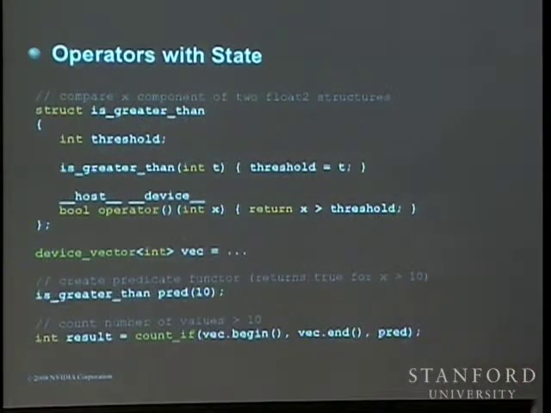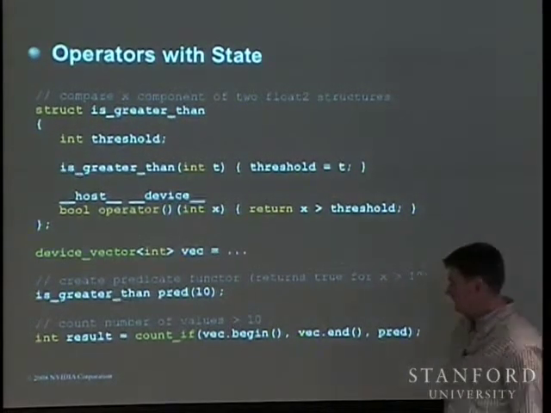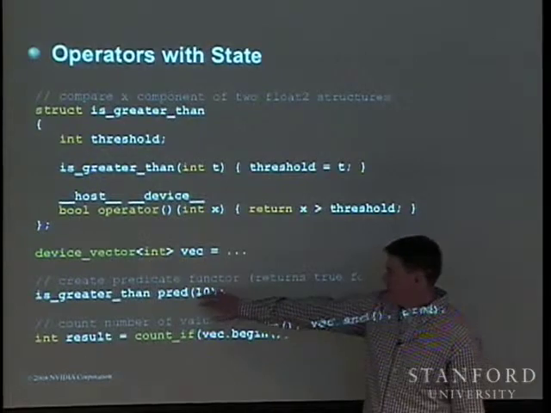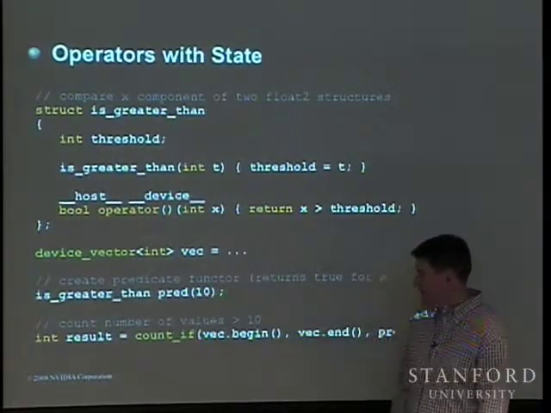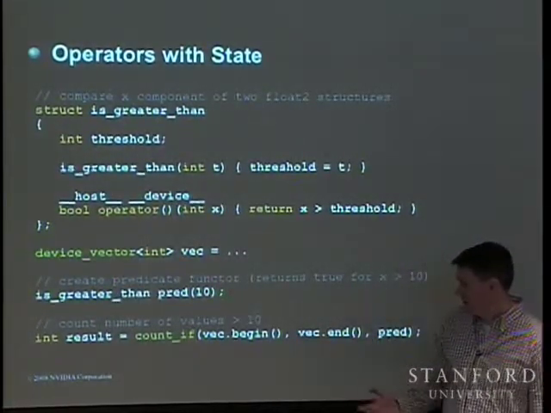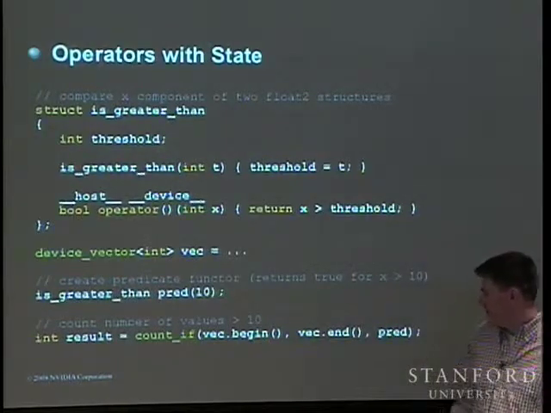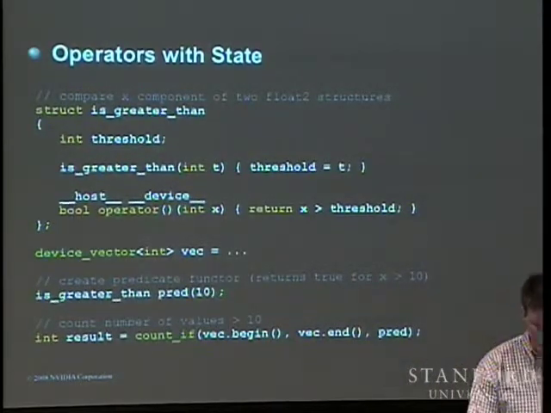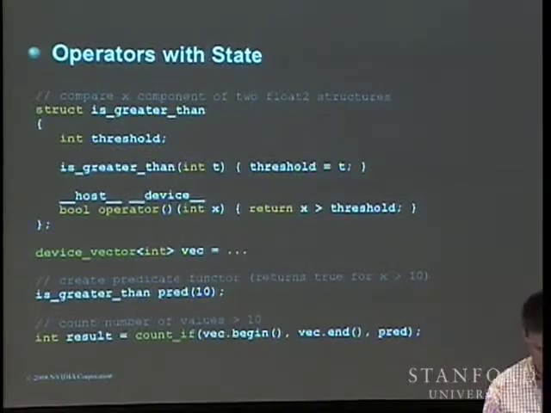You could define your own to compute, say, the even or odd elements and how many there are, or other qualities. Just a matter of convention, when you have a function object that returns a Boolean, it's called a predicate. It's really no different. It's just a special case, but that's the terminology that's used.